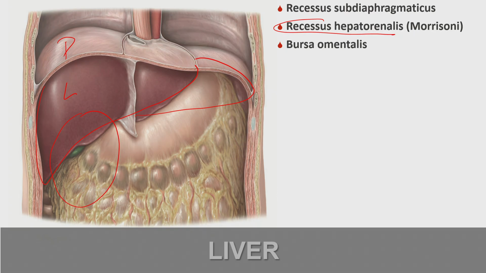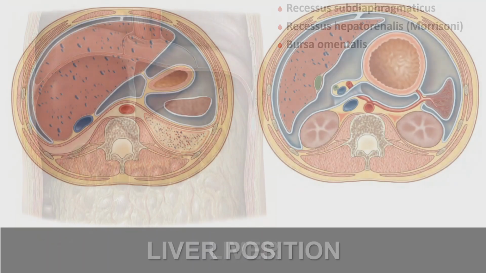And the third space is the space below stomach and below liver, called omental bursa or bursa omentalis. So those are three spaces surrounding liver tissue, and liver tissue is covered mainly by peritoneal coverage, with some small exception.